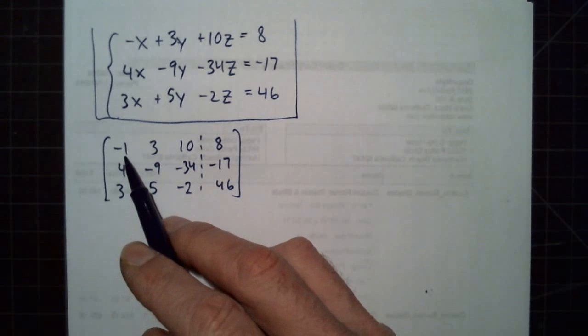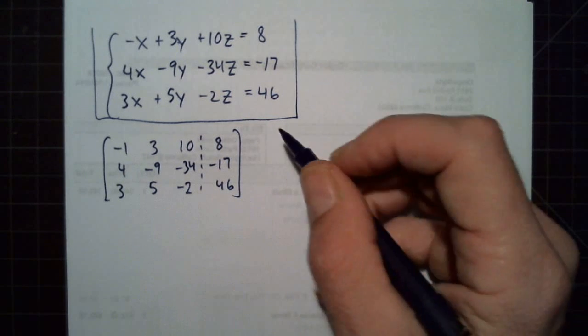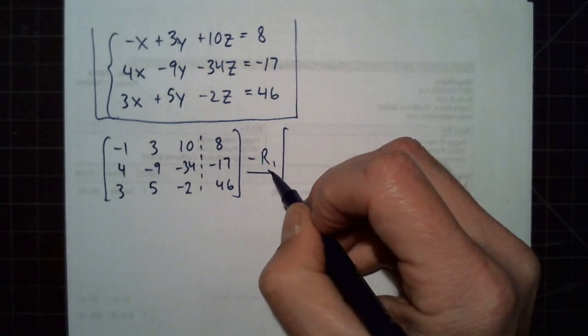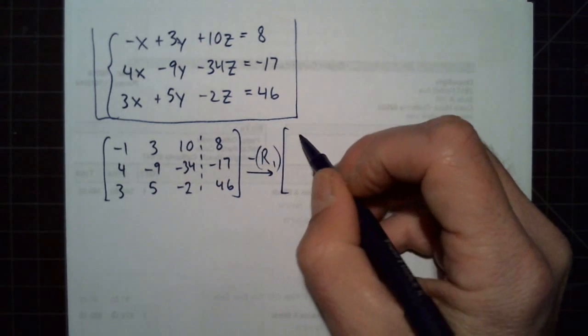And we almost have what we want here, and it's easy just to multiply by negative 1. Multiply row 1 by negative 1.